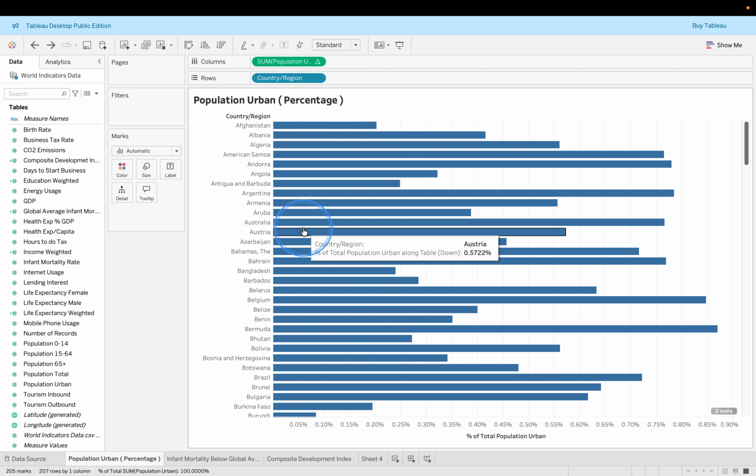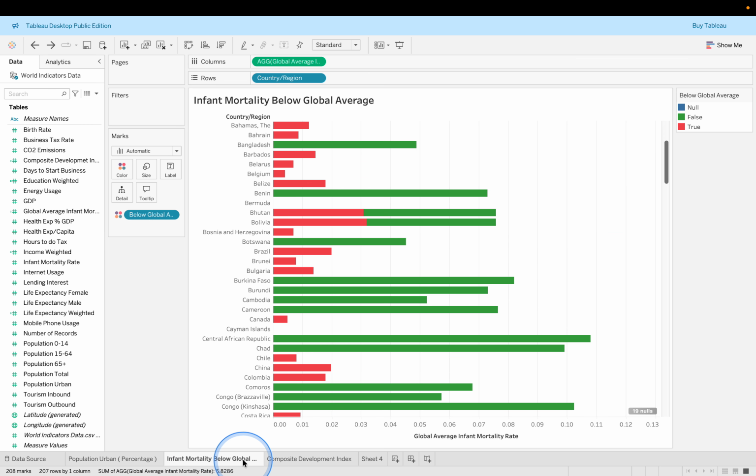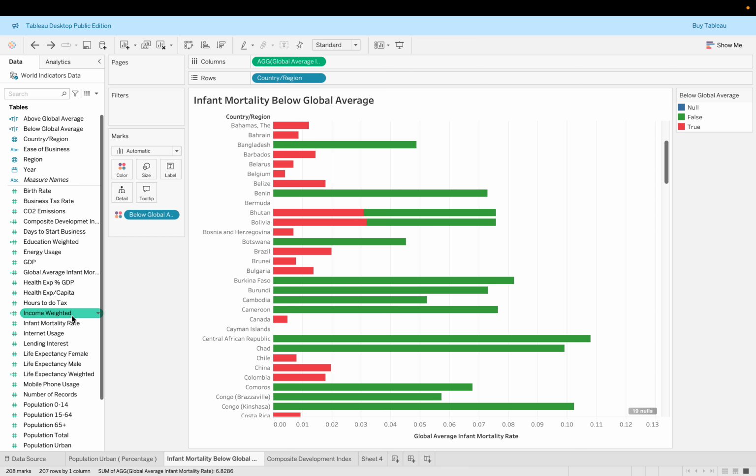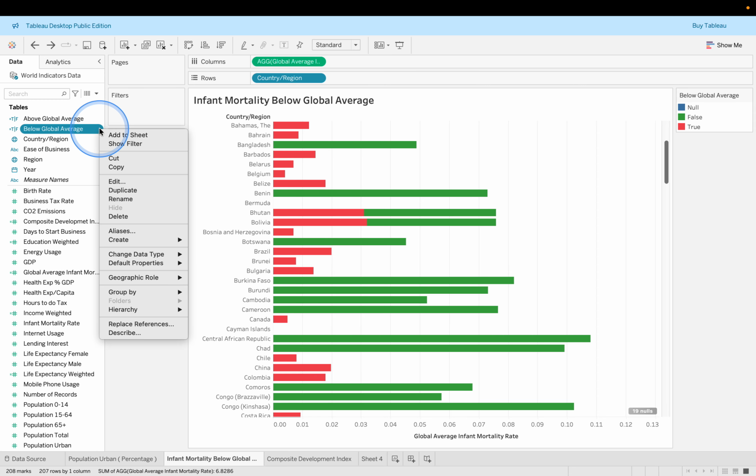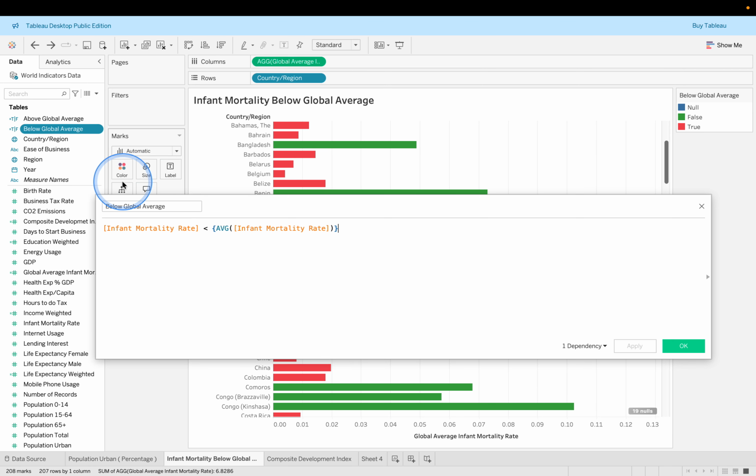Then for infant mortality global average, remember we created the calculated field for infant mortality below global average.